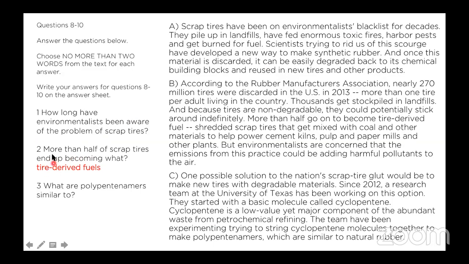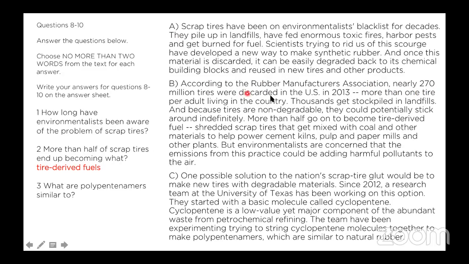Number 2, more than half of scrap tires end up becoming what? So we want to look for half or more than half or 50%. So I look here, no, it's not anything about more than half. Okay, let's keep reading.